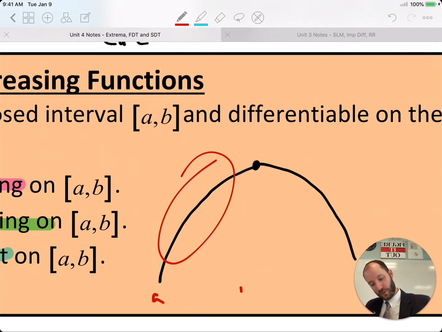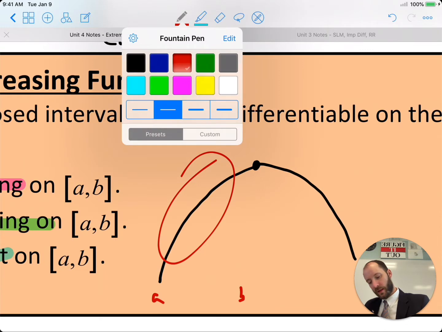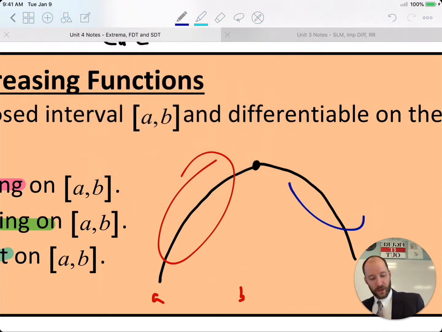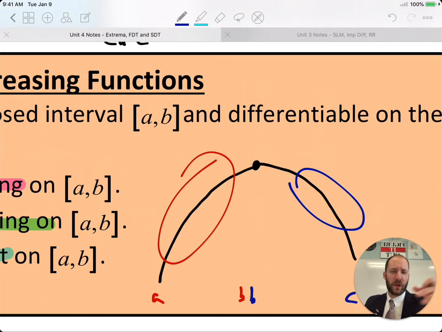Say a to b. But then in this interval, our derivative is less than 0 in that open interval, so then we're decreasing from b to c. And b and c is part of both. To me, that's a little ambiguous, like it should only be one. Which one is it? Okay?